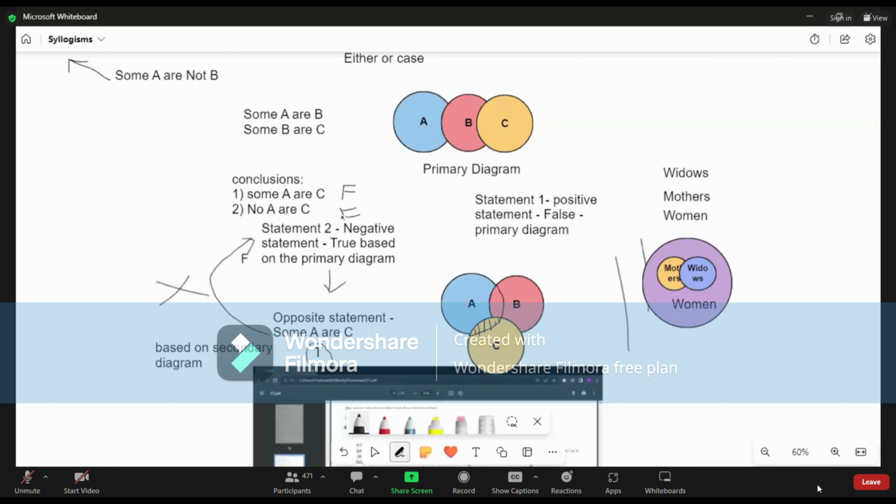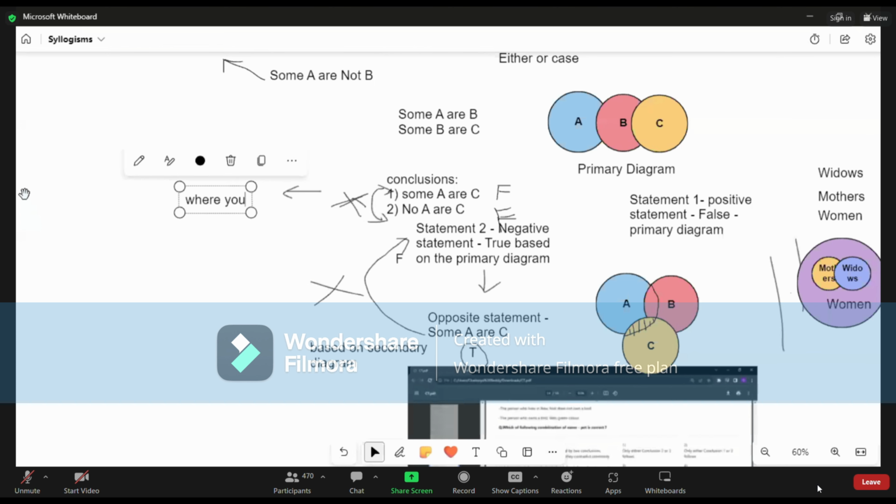Aren't these two statements opposite? Yes, these two are again opposite, you can see. So can two opposite statements have the same values? No, if one statement is true, the other has to be false. So in this case, where you have opposite statements, both of them turn out to be false.